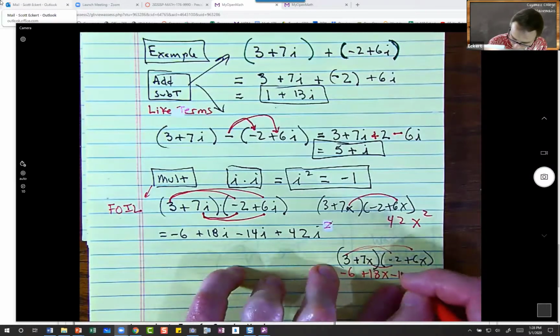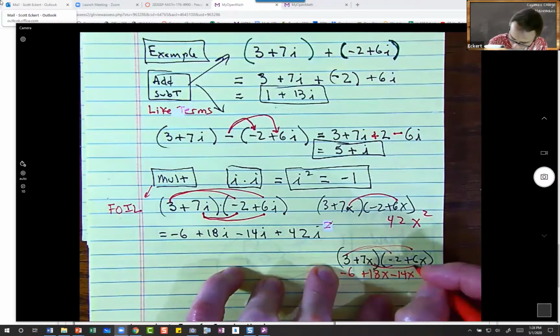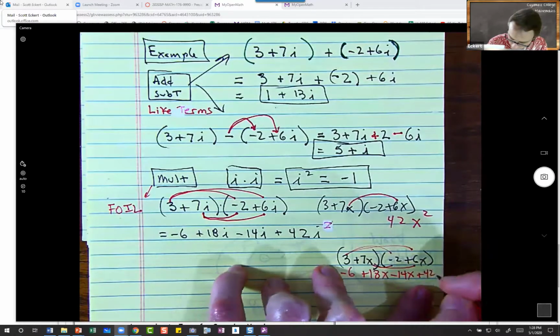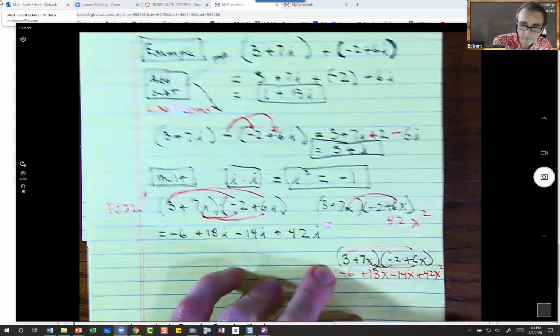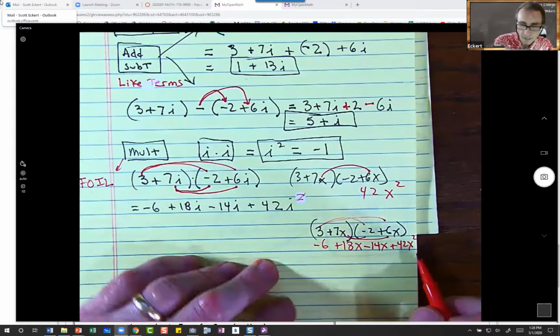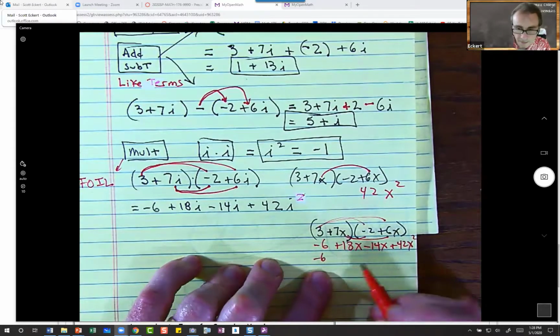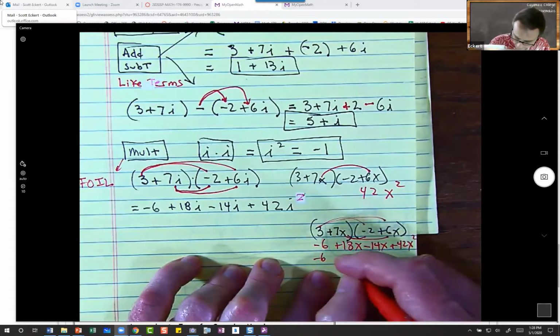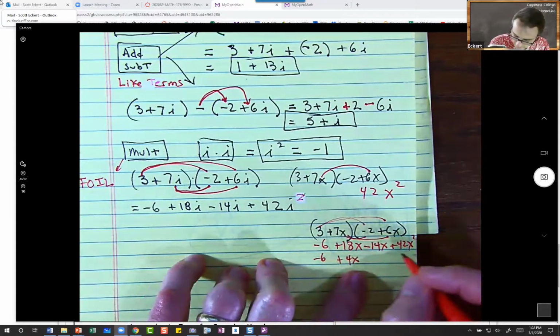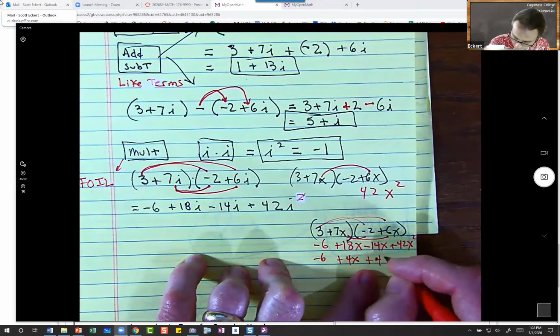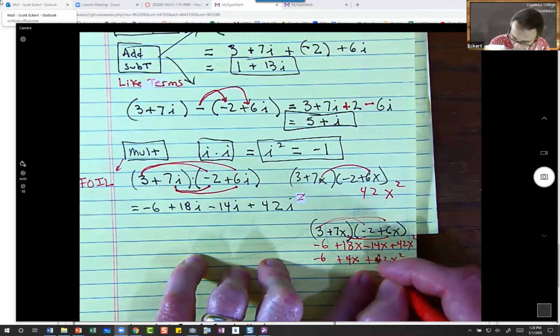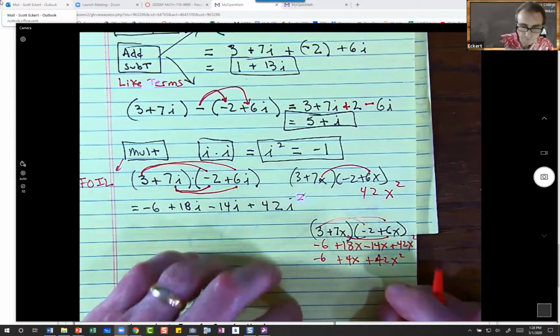Then we're going to get minus 14x. And then lastly, we're going to get plus 42x squared. Now, -6 has no like terms, but the x's do. That gives me plus 4x. And the 42x squared is stuck and has no like terms.